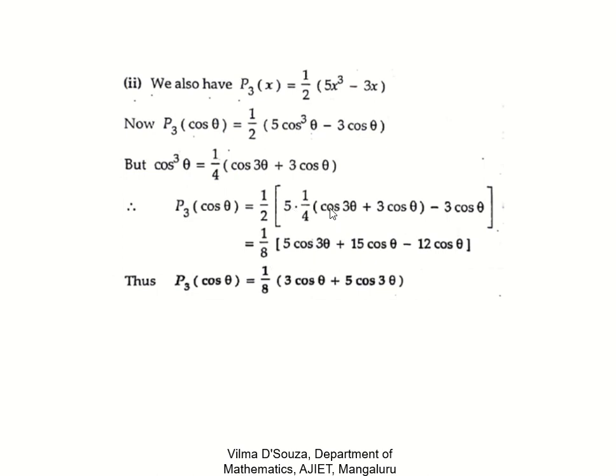So 5 cos 3 theta plus 15 cos theta minus, when you take the common denominator as 4, this term will be minus 12 cos theta. 5 cos 3 theta plus 15 cos theta minus 12 cos theta. Simplify these two terms, you can club. 15 cos theta minus 12 cos theta is 3 cos theta. So therefore p3 of cos theta is 1 by 8, 5 cos 3 theta plus 3 cos theta.